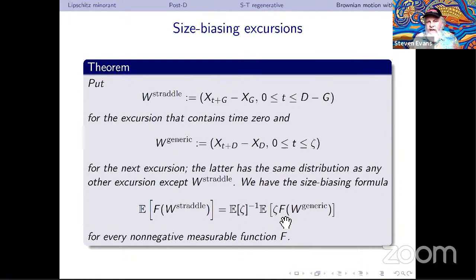That's coming from Palm theory type observations.